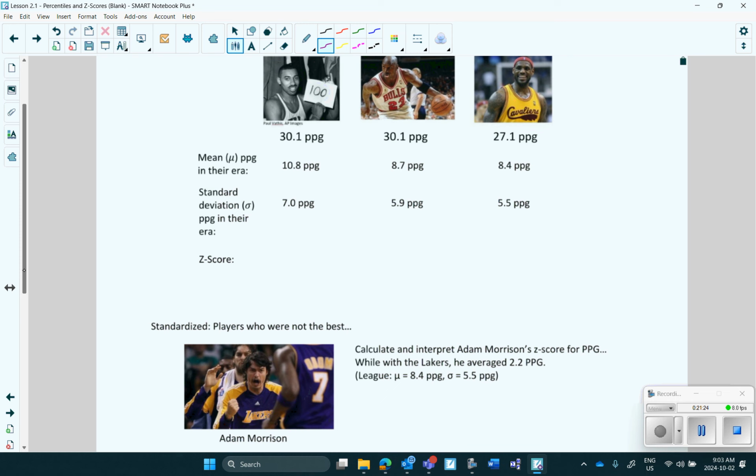So in order to put all this information together, if we want to make a conclusion to say who's the best, we calculate their Z-scores. So for Wilt Chamberlain, we're going to take his points per game, subtract the mean, and divide by the standard deviation.